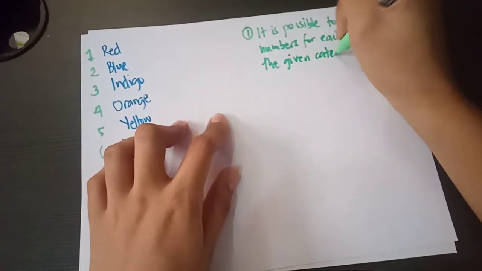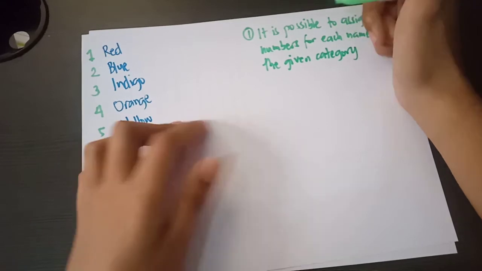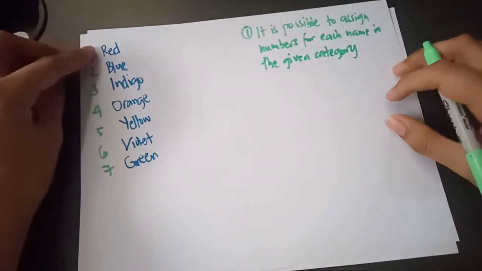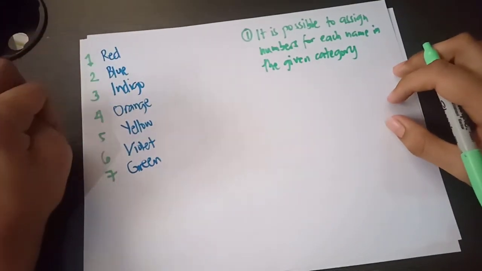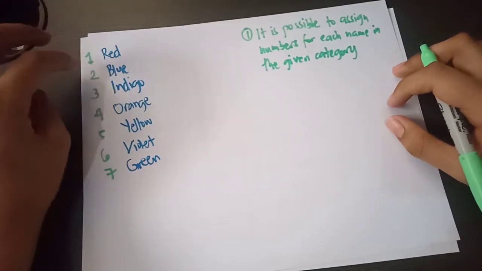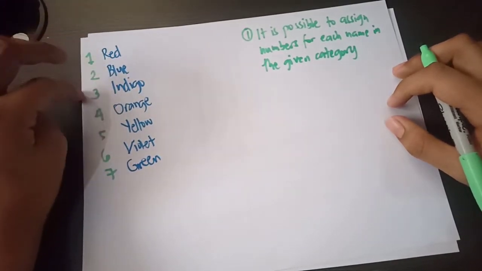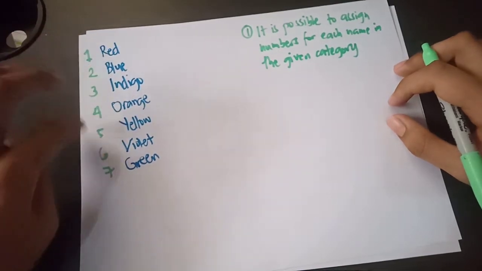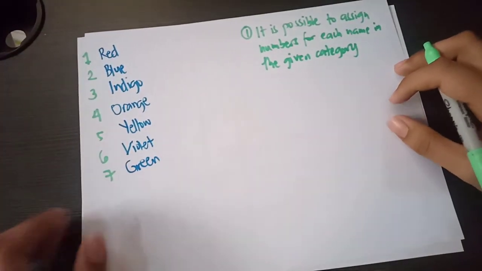So the category here is colors, and the colors presented are red, blue, indigo, orange, yellow, violet, and green, and we assign numbers to them. 1 is to red, 2 is to blue, 3 is to indigo, 4 is to orange, 5 is to yellow, 6 to violet, 7 is to green.